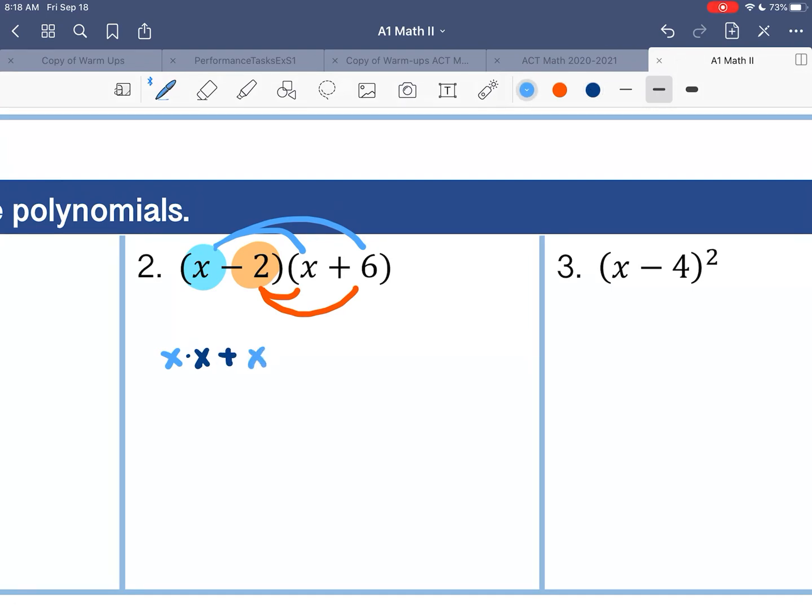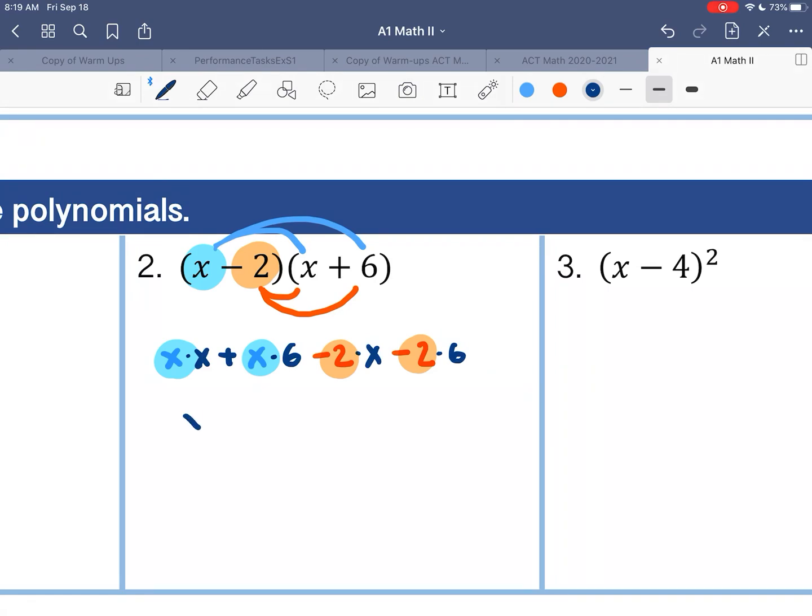And then we have the x times the 6 from the second parentheses. And then we have the second thing to distribute, which is the negative 2. So that first multiplication gives me negative 2 times x. And then we have negative 2 times 6 last. Let's highlight really quickly just so we for sure see. So I just followed my lines and distributed both the x and the negative 2 into the second parentheses.